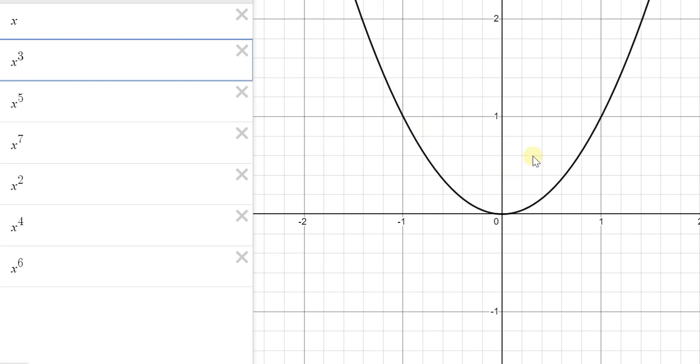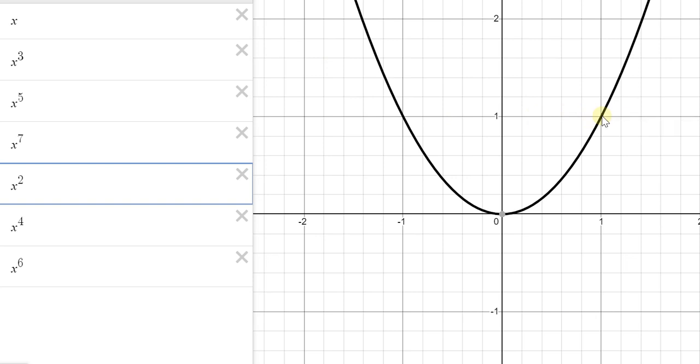This is the graph of the basic parabola, x squared. Again, this point is 1, 1 right in here, this point is 0, 0, and this point here is negative 1, 1. So we have 1, 1, 0, 0, and negative 1, 1.